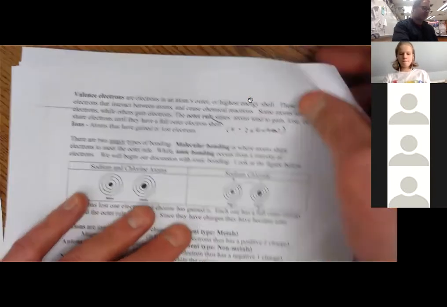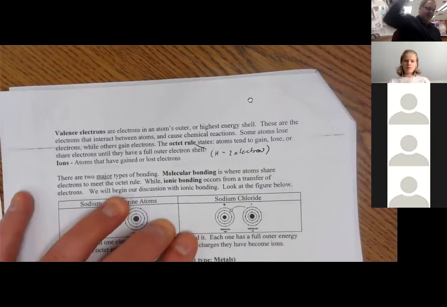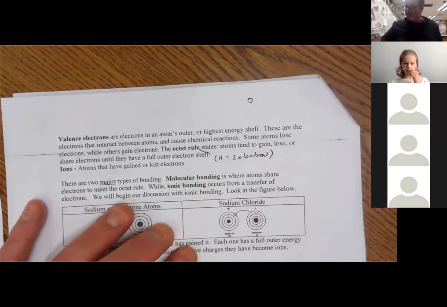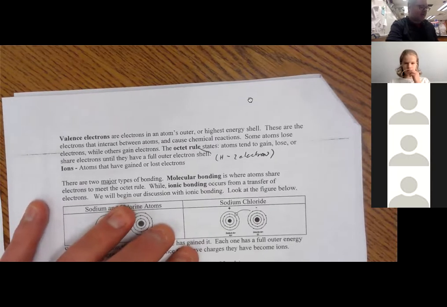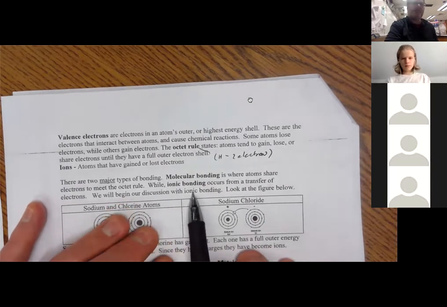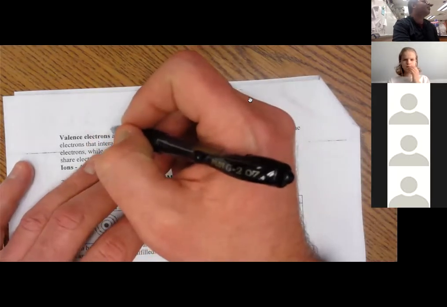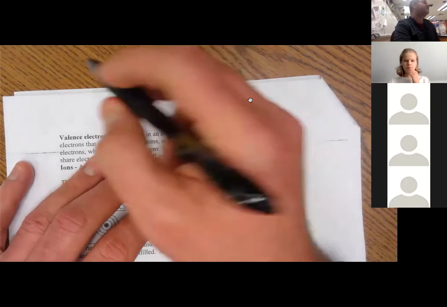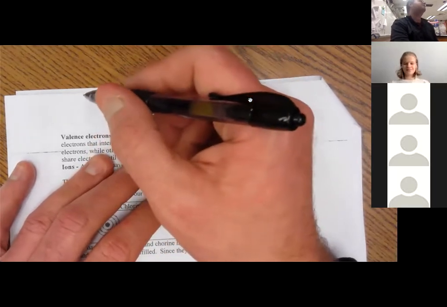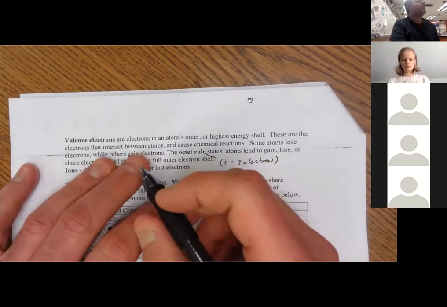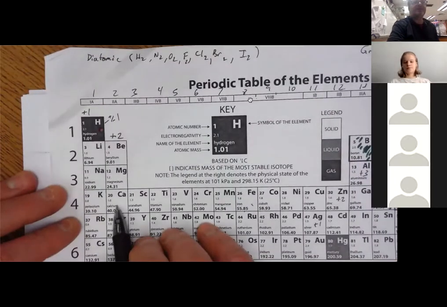All right. So way back, the first week in August, actually it might have been July this year, we did ionic bonding. Basically, you have a metal. Let's pick calcium.